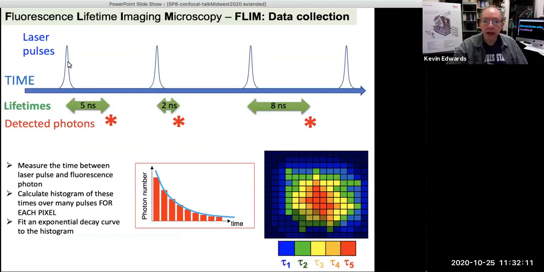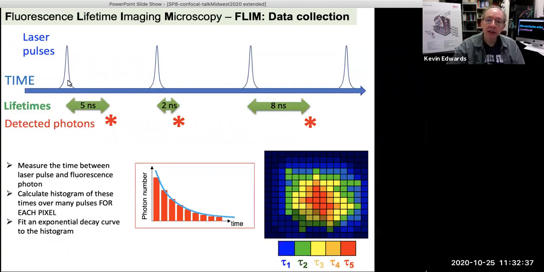So we can look at what the system is actually doing to collect this data. This only works if you have a pulsed laser, because you have to have a defined start time. Our white light laser is pulsed, so it will give off pulses at some constant rate. You can also use the 440 nanometer laser, which is also pulsed.